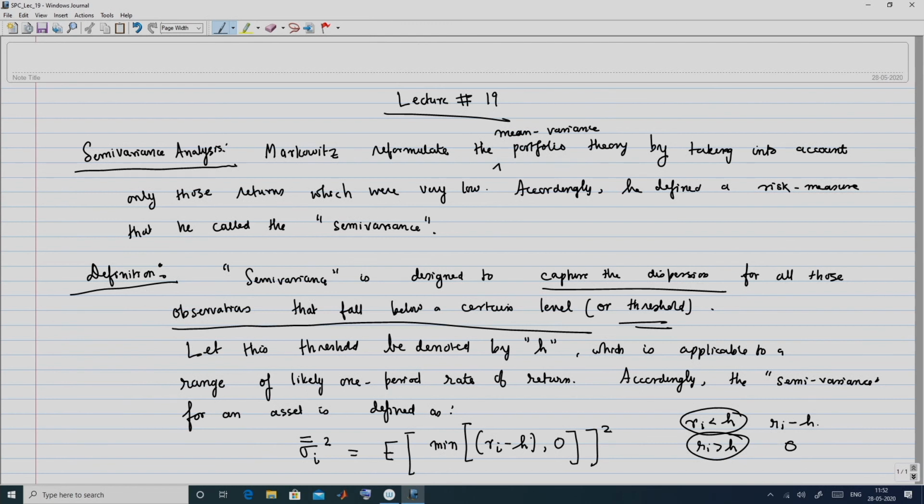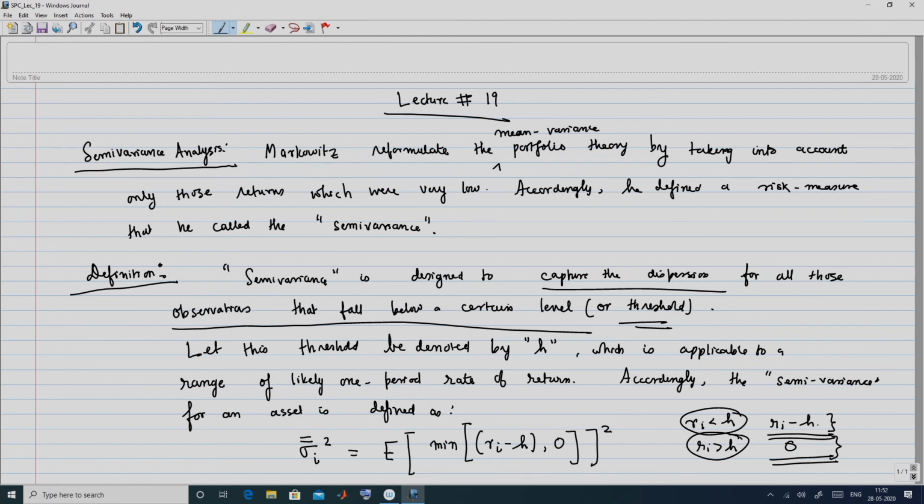So, accordingly, we only take into account the dispersion if it falls below H, and ignore the scenarios when the return is above H, and this is written as the minimum, squared. So, we take the square of the dispersion, and then we take the minimum of R I minus H comma 0.